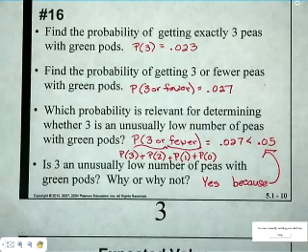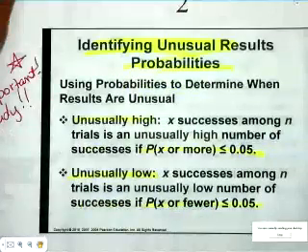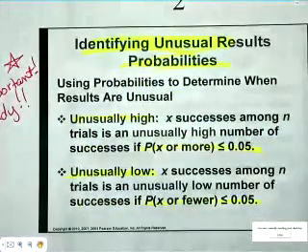You couldn't say 3 is unusually low if the probability of 2 is high. If that made sense, yay for both of us. If it didn't, then you need to make sure you have that on your index card. For unusually high, you use X or more. Unusually low, you use X or fewer.